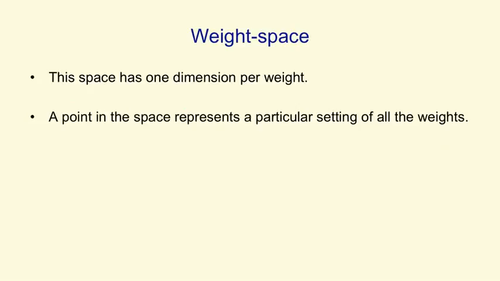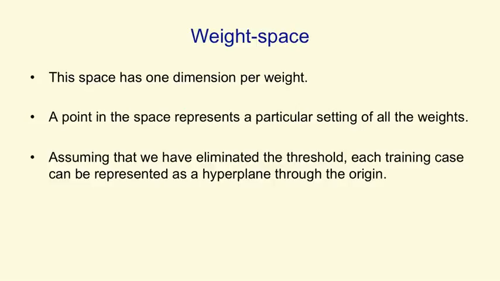So we're going to start off by thinking about weight space. This is a space that has one dimension for each weight in the perceptron. A point in the space represents a particular setting of all the weights. Assuming we've eliminated the threshold, we can represent every training case as a hyperplane through the origin in weight space.